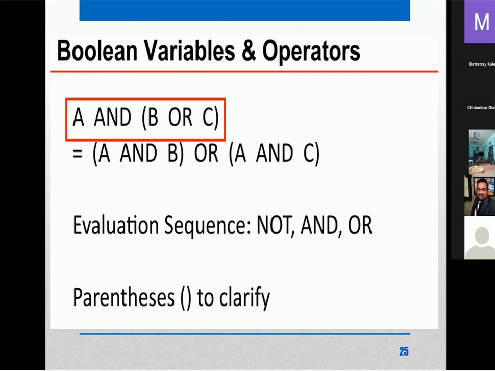As you see here in the red mark, A and B or C. What does it indicate? It can be A and B, or A and C. The evaluation sequence may be NOT, AND, OR. The parentheses also play an important role in evaluating the bit values when we work on bits.